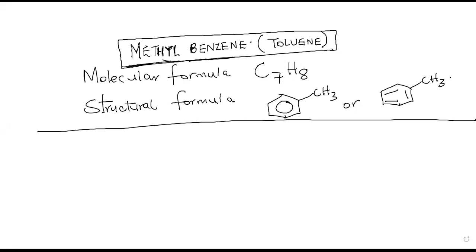We are going to look at a derivative of benzene called methylbenzene. That is the IUPAC name. Methylbenzene is one word, so when you're writing, please don't leave a gap.